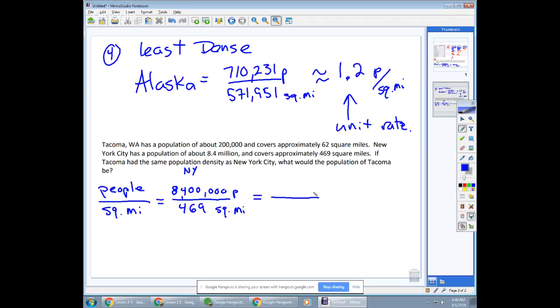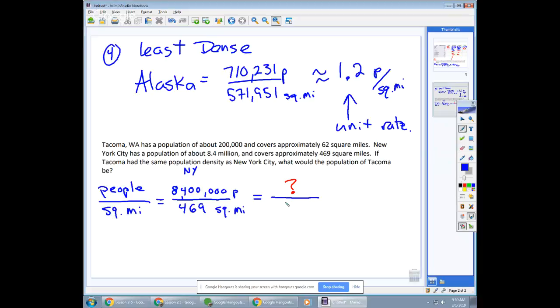So let's read that final question again. If Tacoma had the same population density as New York, what would the population of Tacoma need to be? This is our missing number up here, so I'm going to put a question mark on the population of Tacoma for now. We want to know how we would have to increase the population to make it as dense as New York, but they are stuck with the same area.